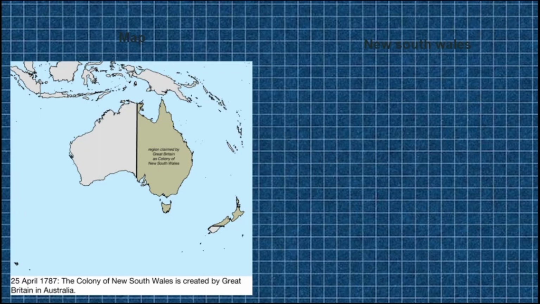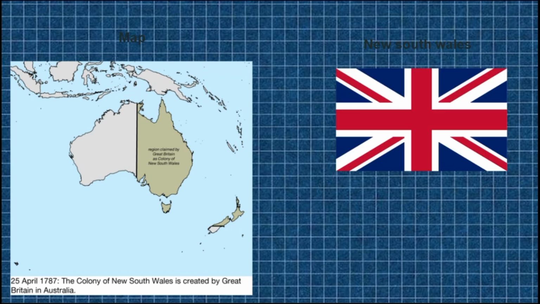The colony of New South Wales is created by Great Britain in Australia. Now, New South Wales took up most of the eastern half of Australia, and it took almost all of New Zealand. They said these were the proper borders of the Pacific Ocean, which is why they made these ugly straight borders.